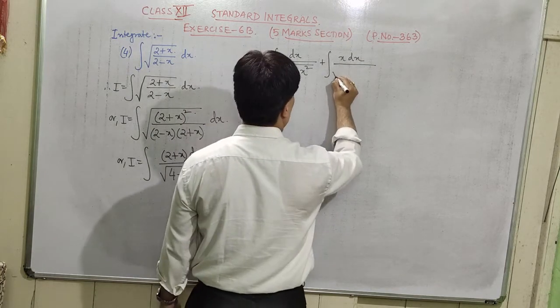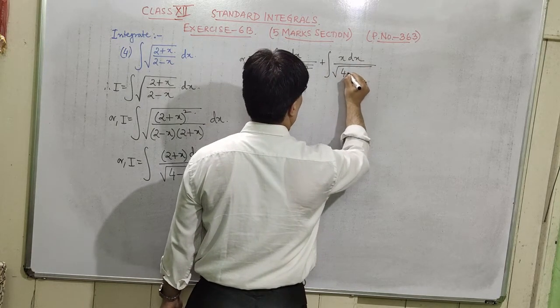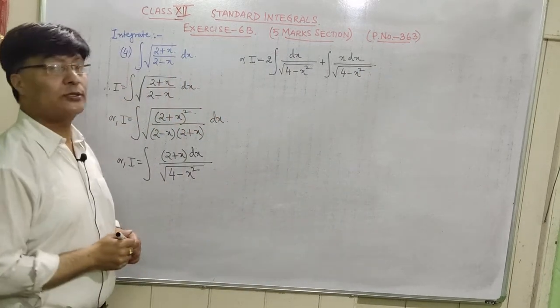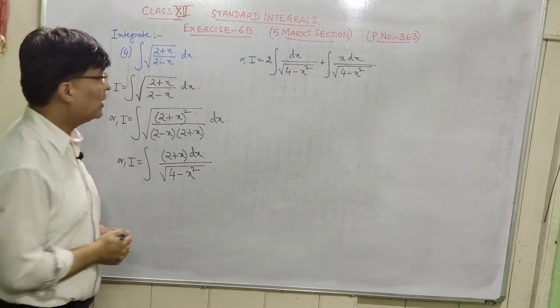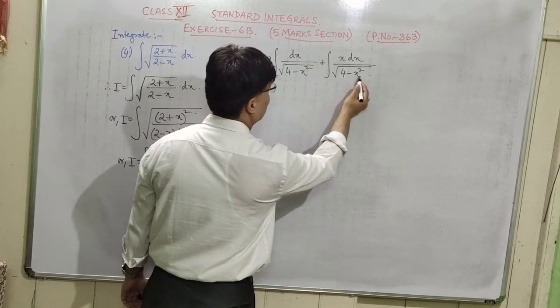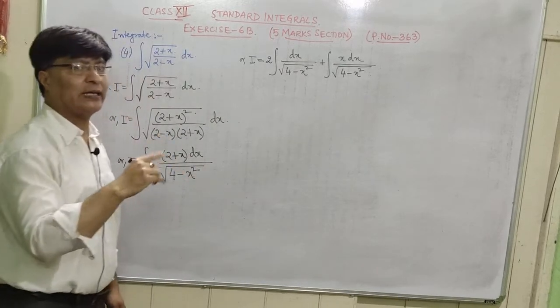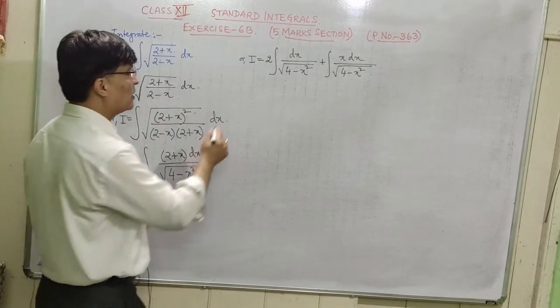So I think you have understood it. Okay. So for the second integration you can use the method of substitution, and for the first integration you can directly use the standard integral.